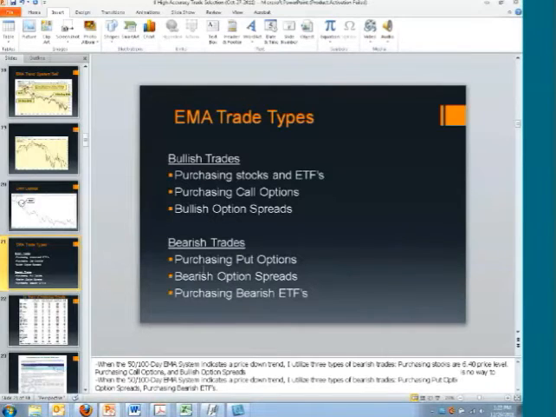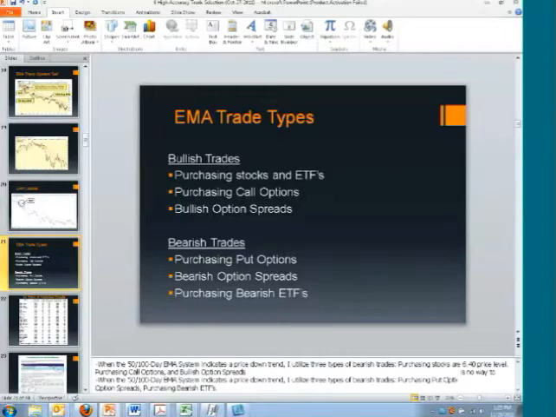So we did purchase put options on some weaker international stock markets that are in a bear mode right now. So we have purchased put options, and we've purchased bearish ETFs.